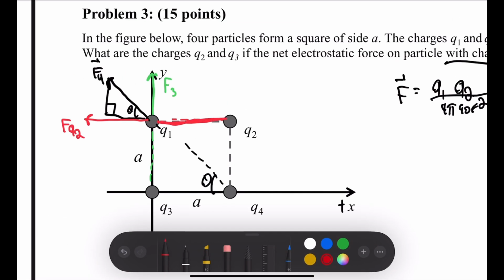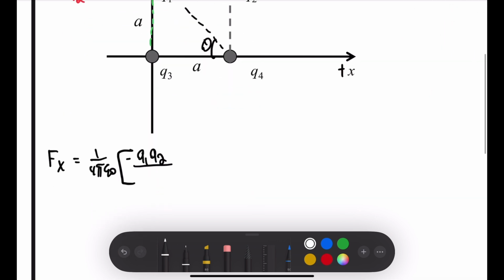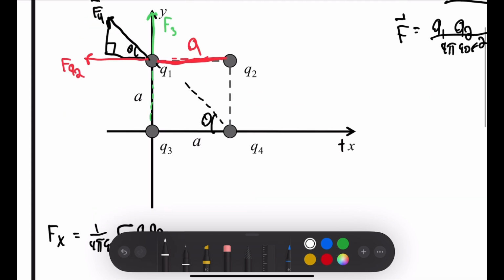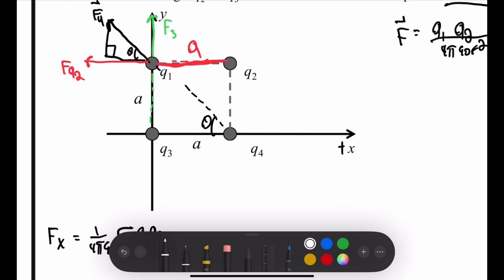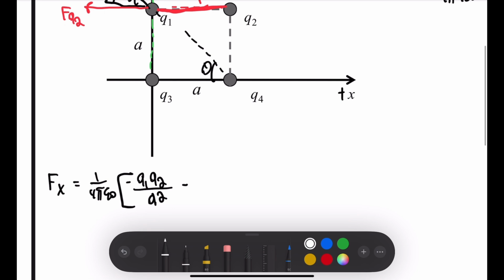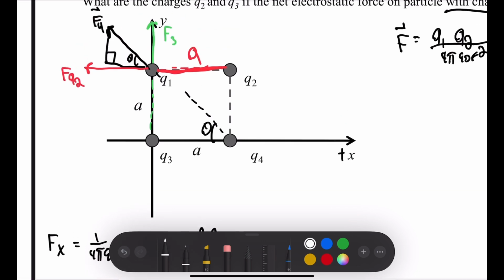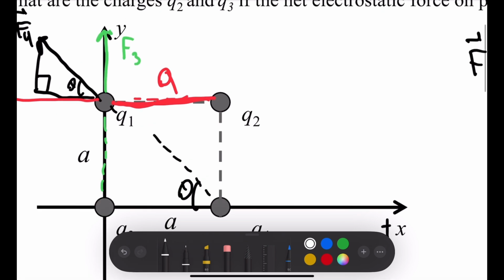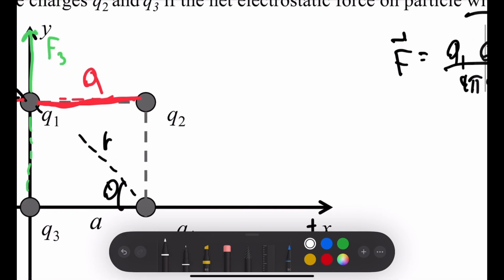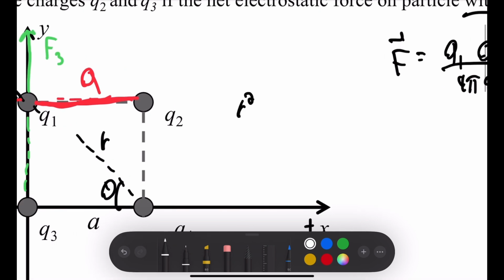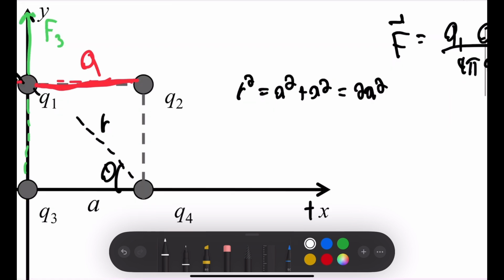This radius here is A. But we want the radius squared, so it's A squared. And then we need the other x component, which is also going to be negative, right? Because it's also going to the left. So it's minus Q1, Q4 divided by the radius, where the radius is this r. And if I look at this, I get r squared is equal to a squared plus a squared, or this is equal to 2a squared.